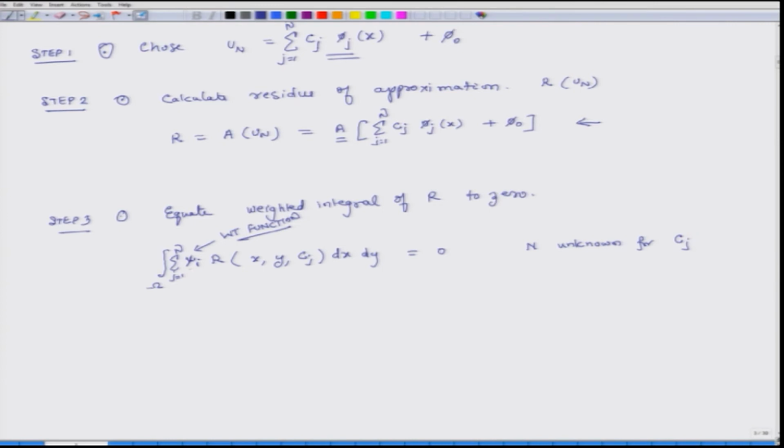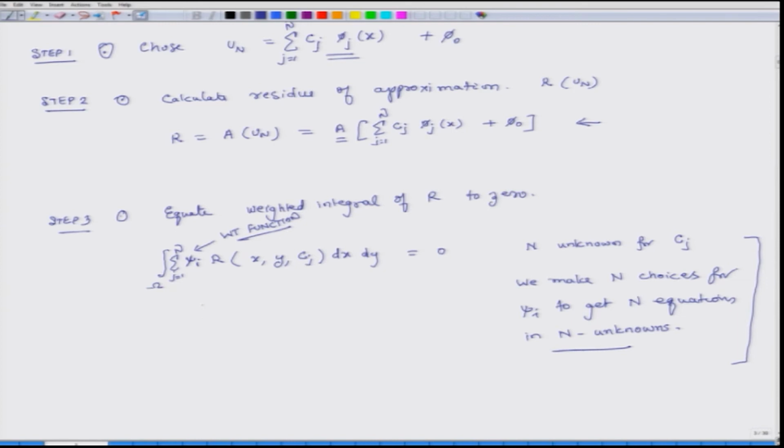So, I have to make n different choices for psi_i to ensure that I get n equations in n unknowns. Okay.